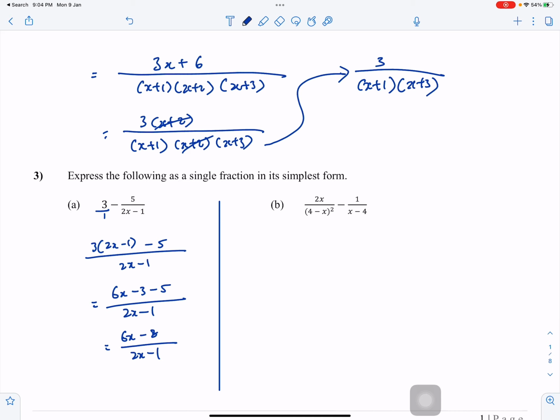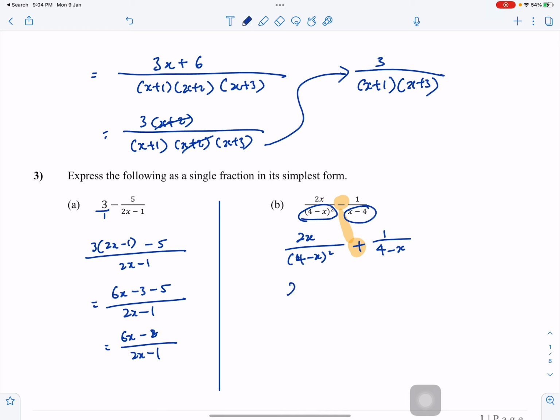Now the next question is a little bit tricky because a lot of you might have thought that maybe I should just find a common denominator of this and this, right? But actually you can change this to become 4 minus x, and notice that I changed a minus to a plus sign.